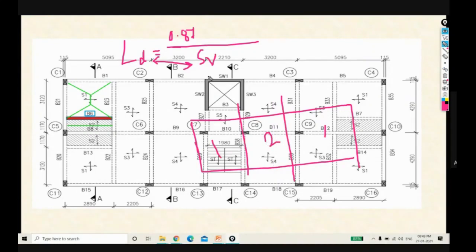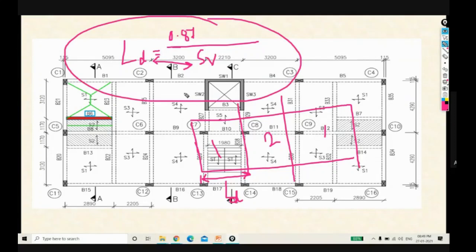If you consider this, whatever length is there, how to consider this length, correct? That is the question. How to consider this length of zone? So this formula is given in the IS code. From this formula we can calculate this LD, means this length, as per the spacing, and if you have the spacing, as per that spacing we can consider LD, or if you have LD, as per that LD you can calculate the spacing. That we will discuss.